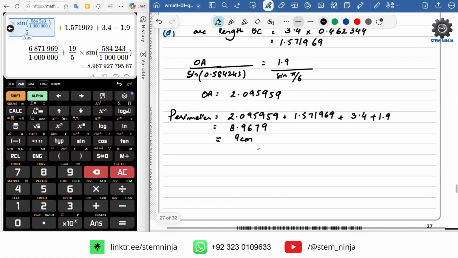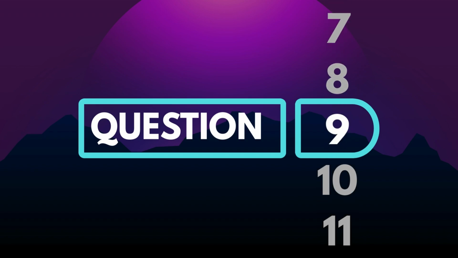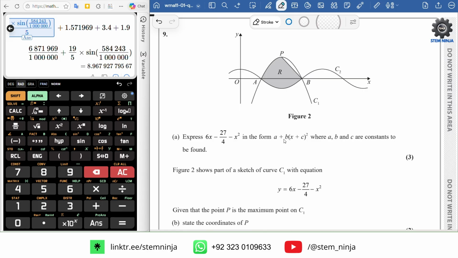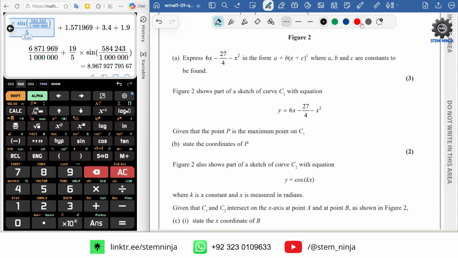Okay, so let's move on to the next question. Question number 9. Express 6x minus 27 over 4 minus x squared to be in the form of a plus b x plus c whole squared. Okay, so first let's rewrite the same thing.